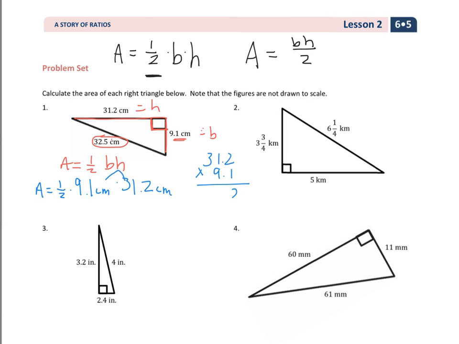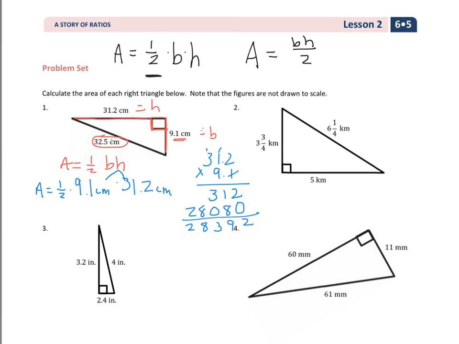And I'm going to go through and multiply just like I normally would. And my trickiest part of this is going to be figuring out where to put the decimal point in this problem.